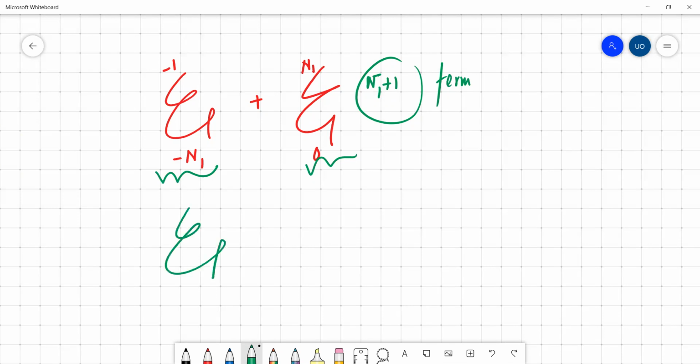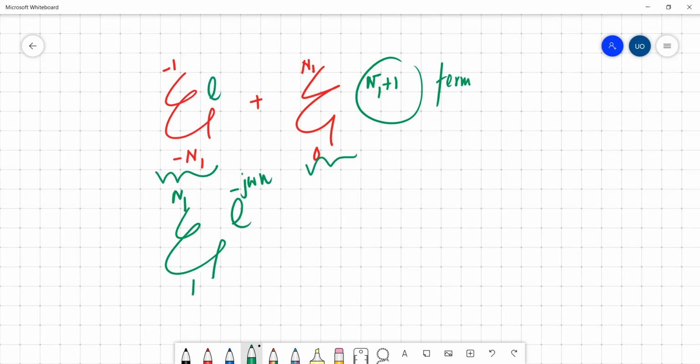So if you consider this one, you can change the index. So this is minus n1 to plus n minus n1. So you can simply make it like 1 to n1. Then this minus 1 is simply absorbed into n. So here we have e to the power minus j omega n.